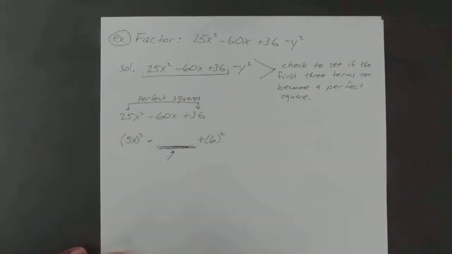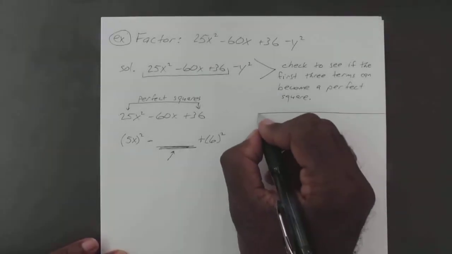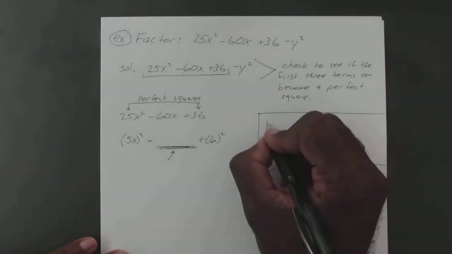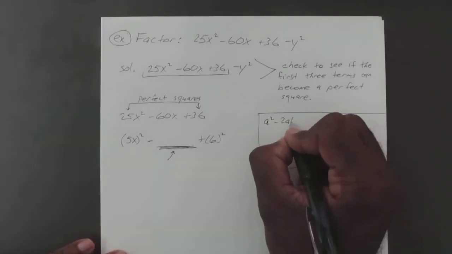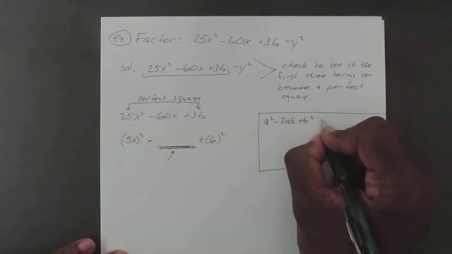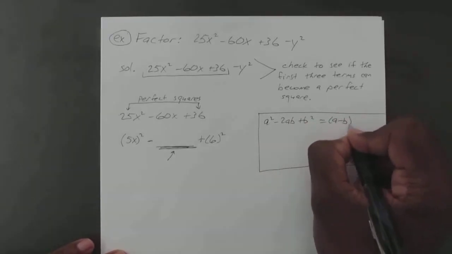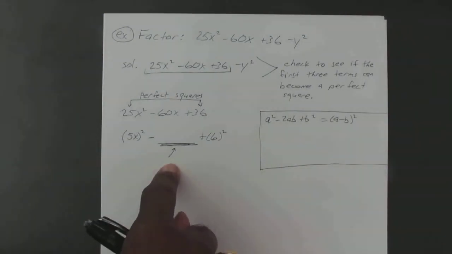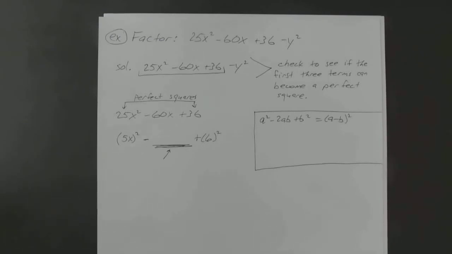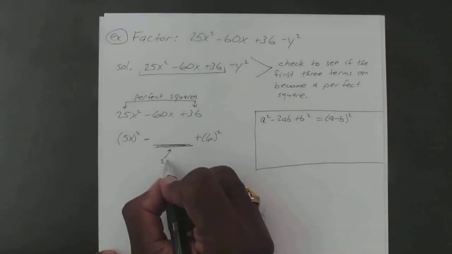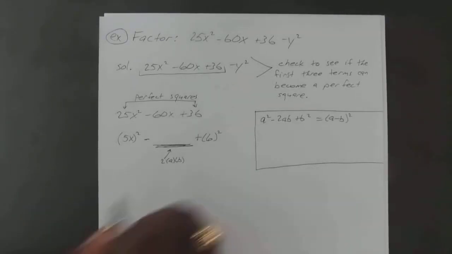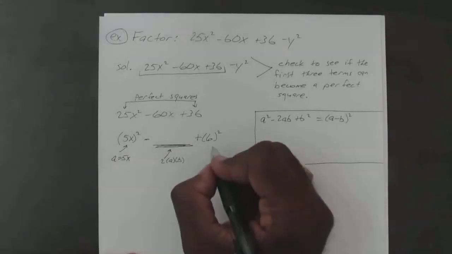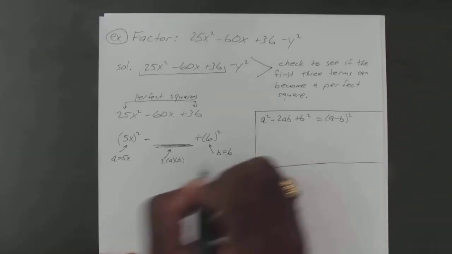If we go back to our formula, a squared minus 2ab plus b squared equals a minus b squared, that means this middle term has to be 2 times a times b, if your a is equal to 5x and your b is equal to 6.